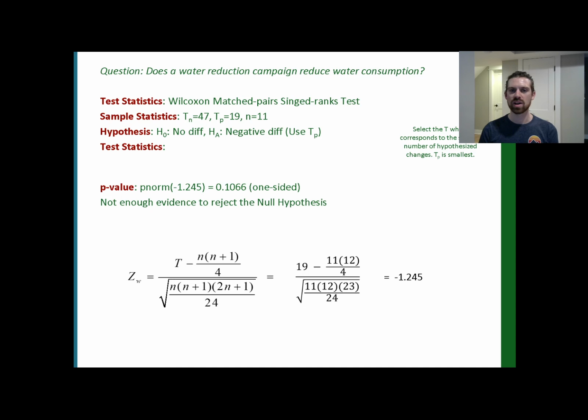And therefore, we don't have enough evidence to reject the null hypothesis, okay? So there wasn't a significant reduction after the water reduction campaign that couldn't have just occurred at random, okay? So there wasn't a strong enough effect for us to say that this water reduction campaign unfortunately had a significant impact on water reduction.